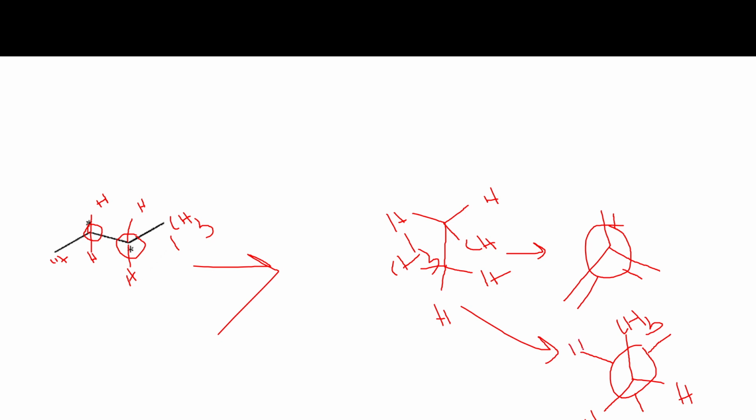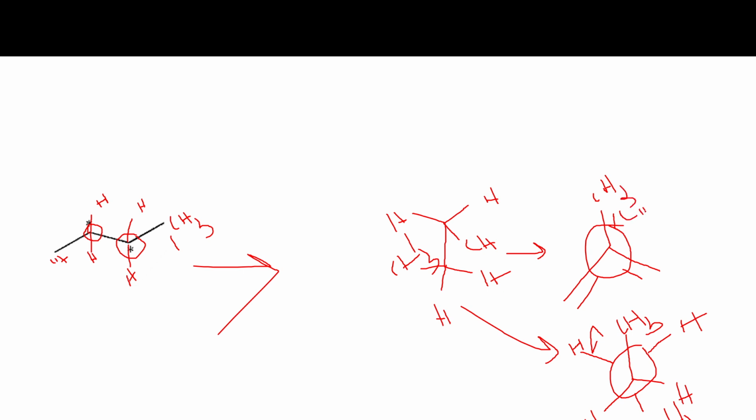This will be your hydrogen, and then the one below will be your methyl. And if you convert this staggered conformation to eclipsed conformation, then your two methyls will be at the same position.